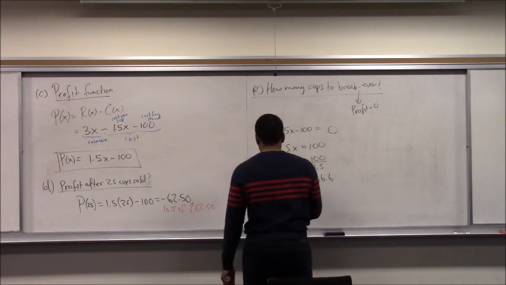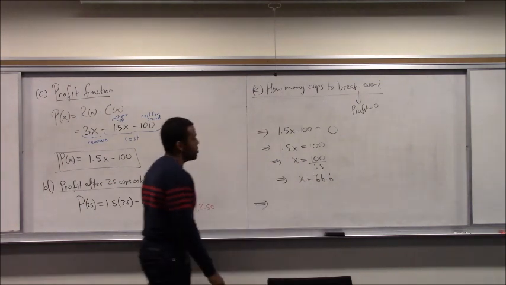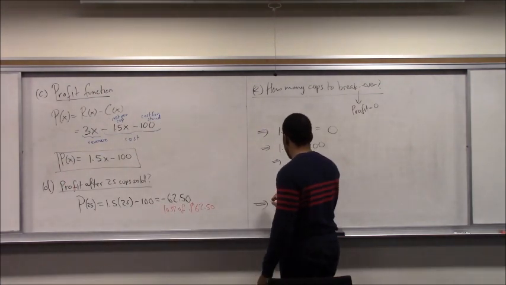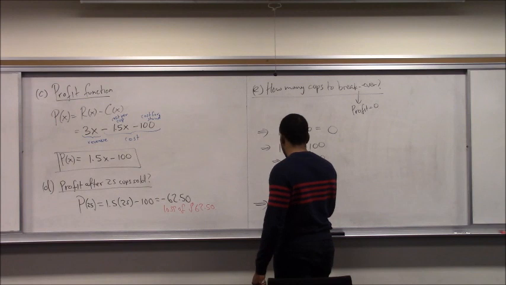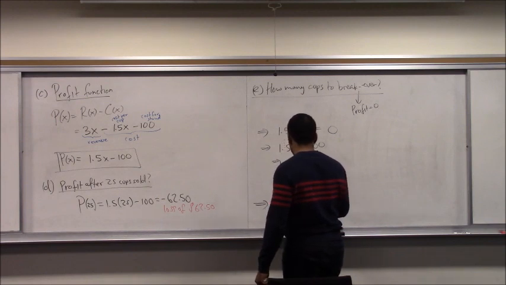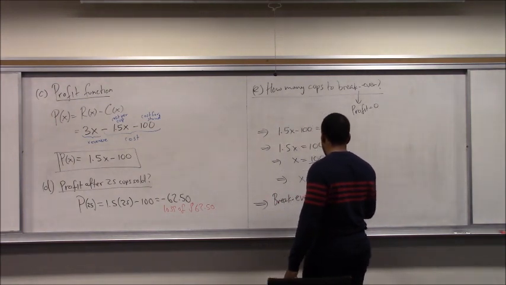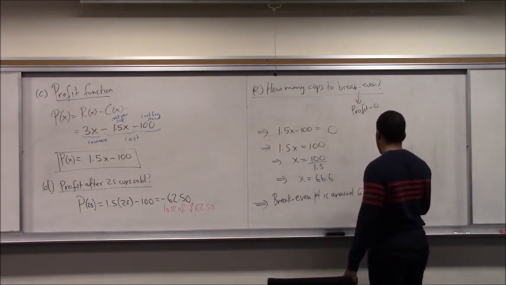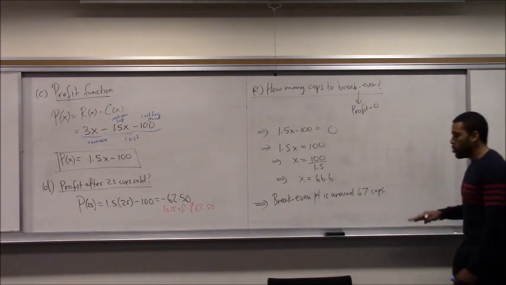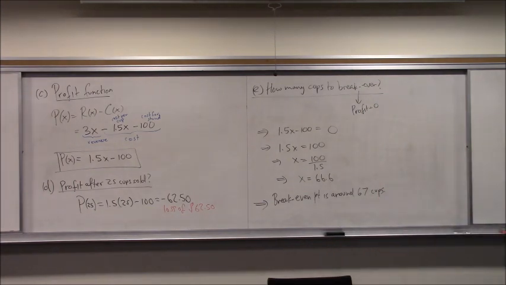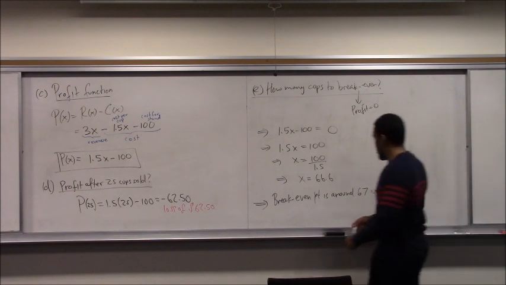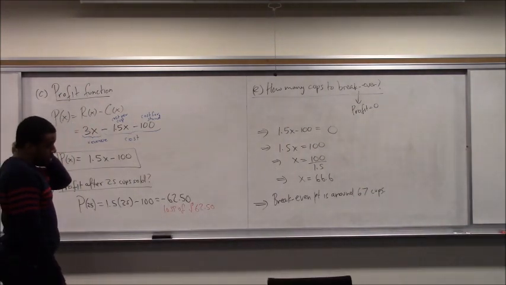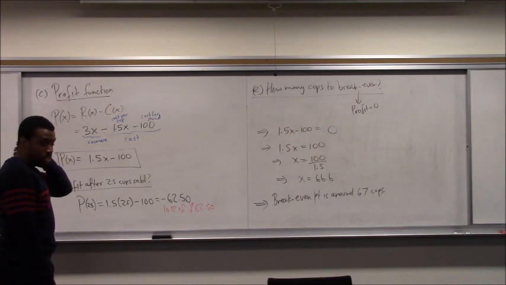So this means the break-even point is around 67 cups. It's not going to be exact here, of course. At that point, I'm just starting to break even. Sure, I'll make a few cents over what I've spent, but that is where my profit hits 0.